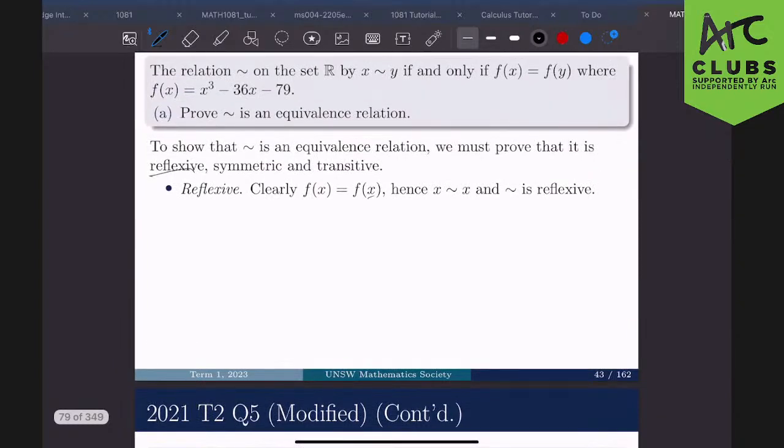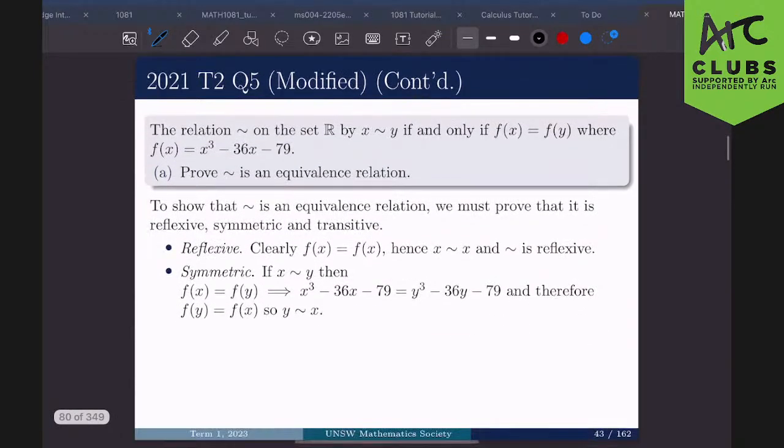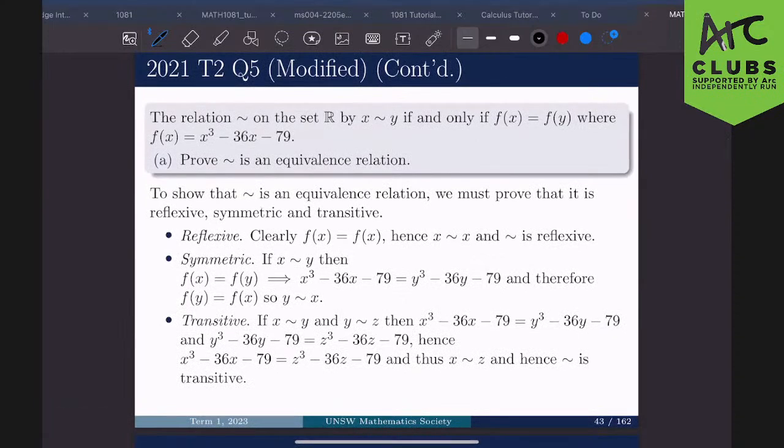So yeah, the relation holds if this function is equal for both. Clearly that will be the case for reflexive. And symmetric, yep, we've got this equals sign, so that's expected. Symmetric is just replacing this, the same thing still exists.